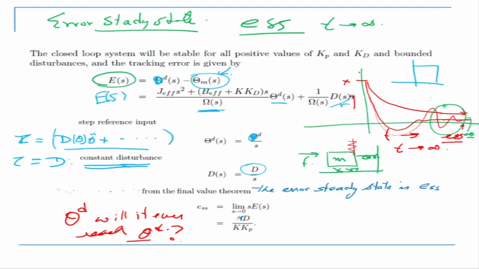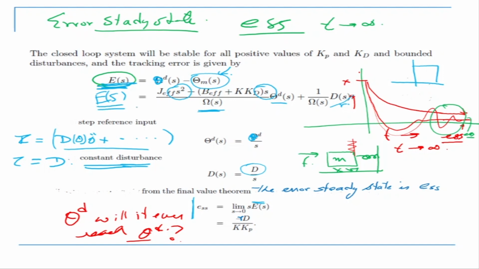So if I do that, then from the final value theorem, which says limit s tending to 0 of s times E(s), where E(s) is the error. If I put s equal to 0, there is an s here and an s here, so this will become 0. So limit s tending to 0, s of E(s), what was E(s)?